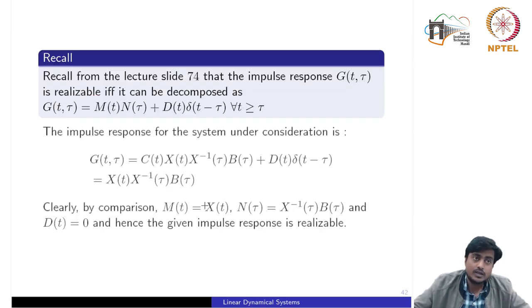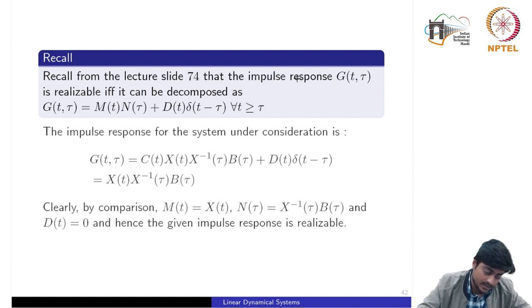Now talking about the realization, one of the important results was given on slide number 74: if the impulse response of the system is given to us as G(t, tau), we say that this impulse response is realizable if and only if it can be decomposed into this form, where these M and N matrices were parameterized in terms of the fundamental matrix.